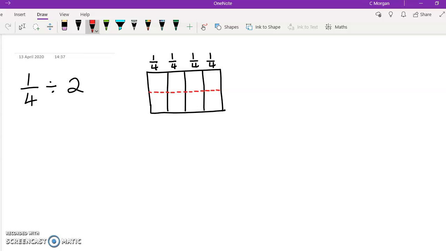And if I do that, I can see I've got 1, 2, 3, 4, 5, 6, 7, 8 pieces in my chocolate bar. They're 8 equal pieces, so each one is going to represent 1/8. So I can see if I split 1/4 into 2 pieces, the answer is one of those pieces, which is 1/8. I'm going to highlight the answer and write it down, 1/8. And that is my answer.